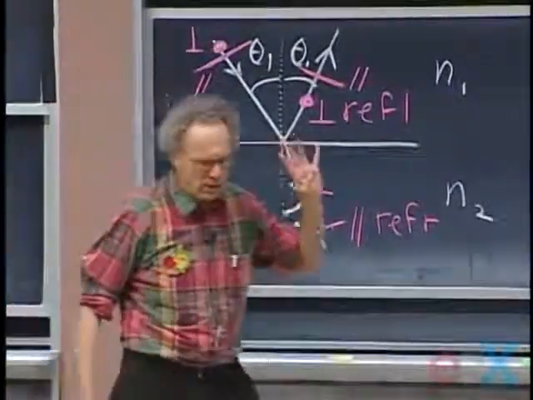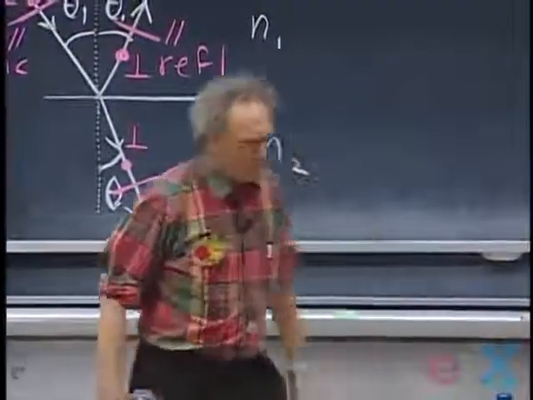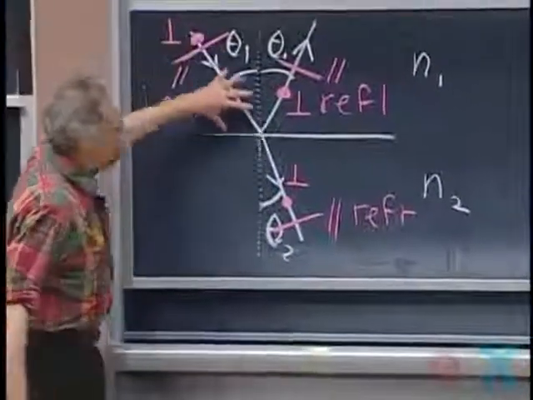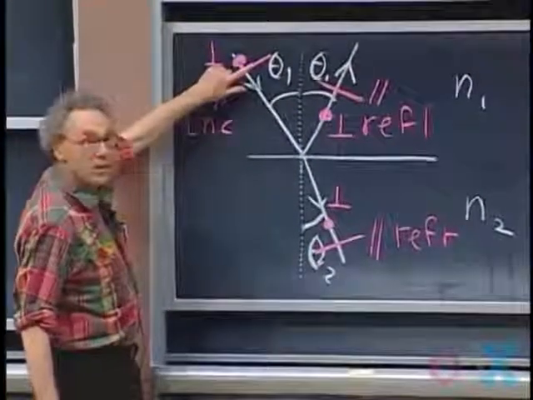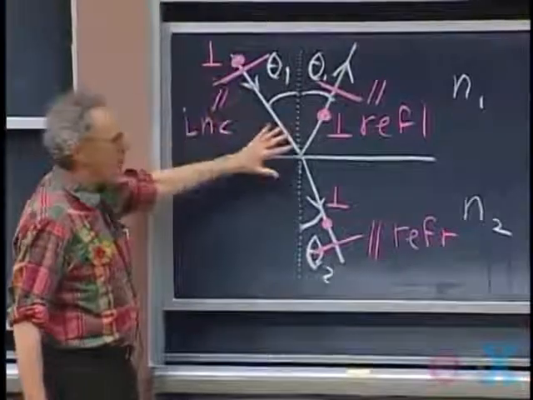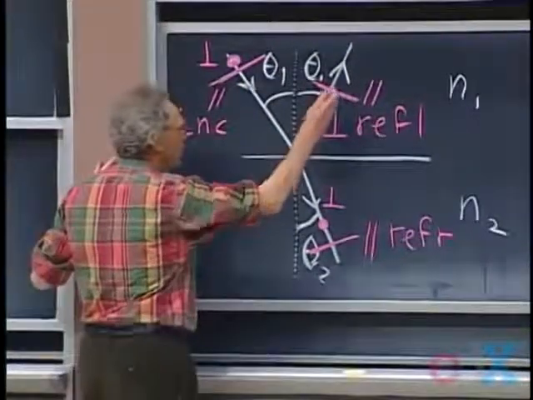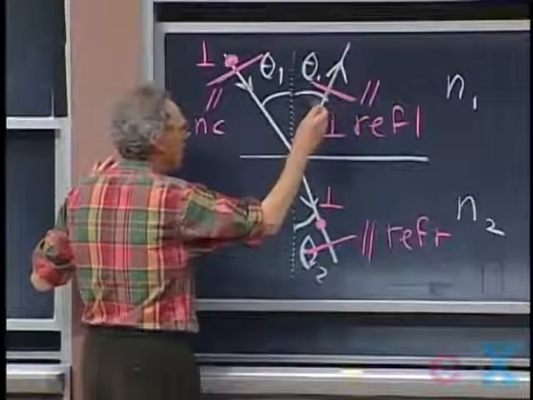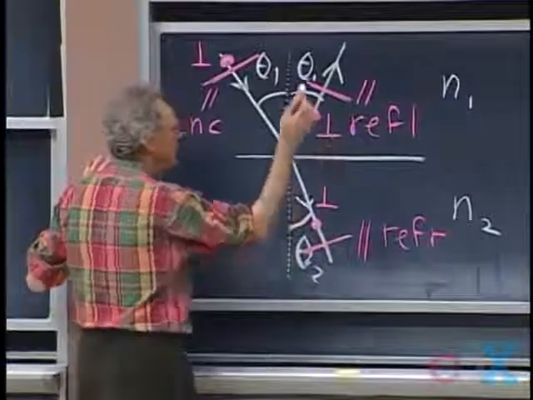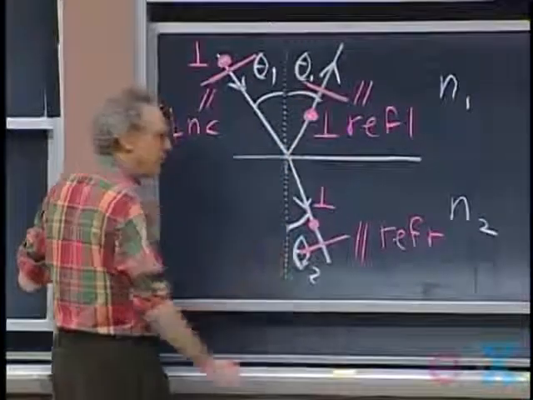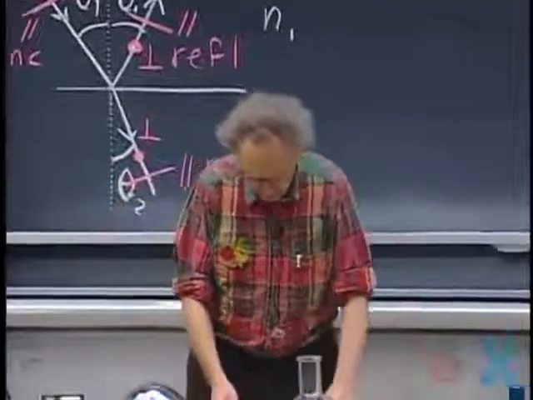So you get four equations. If this light that comes in is unpolarized, the strength of this component is the same as this one. In general, you will see, if you apply these four equations, that that's no longer the case here. They're no longer the same intensity, and they're no longer the same intensity here. That means this reflected light and the refracted light has now become partially polarized.